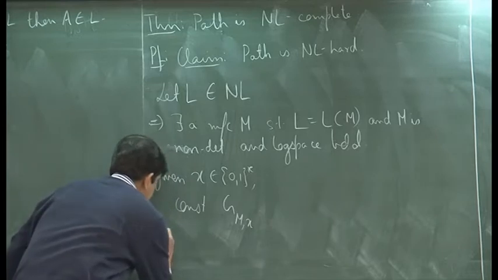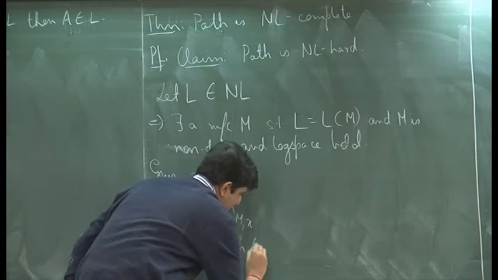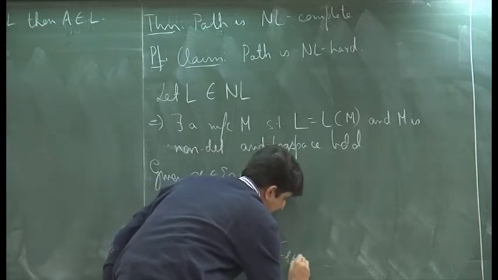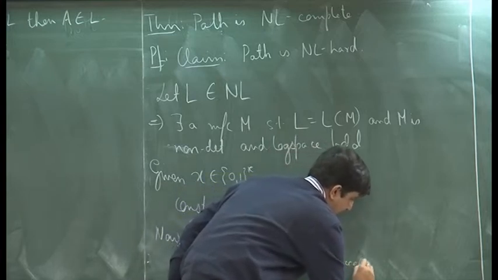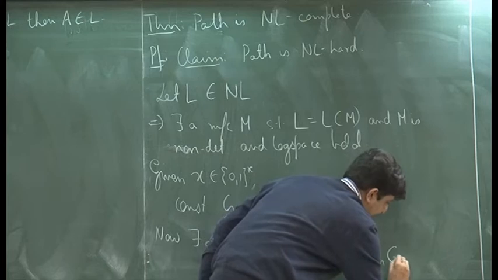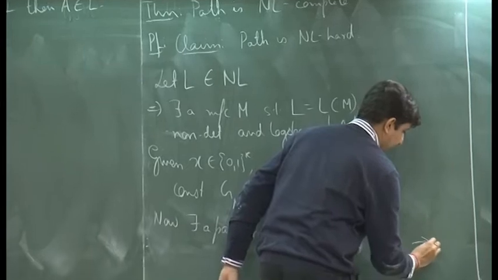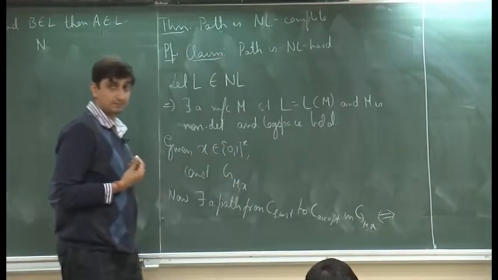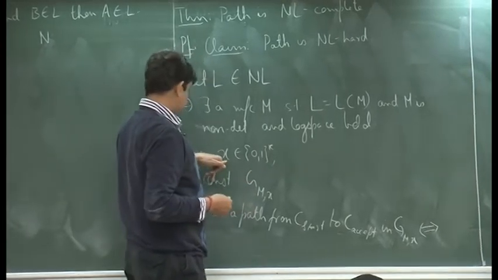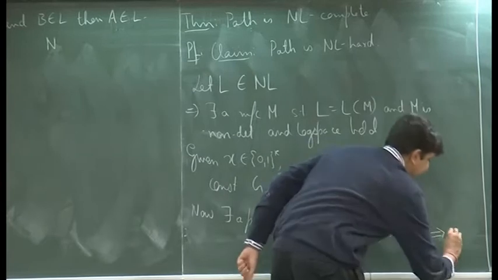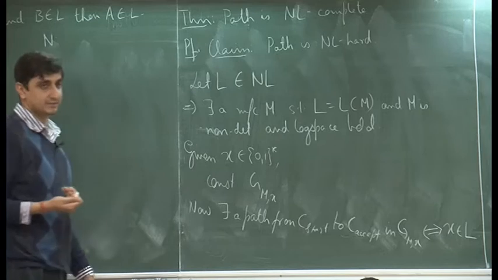So, now there exists a path from C start to C accept in G M comma x if and only if what? If and only if the given input x belongs to our language L. Okay. So, that is the reduction.